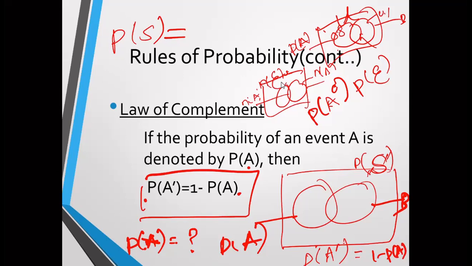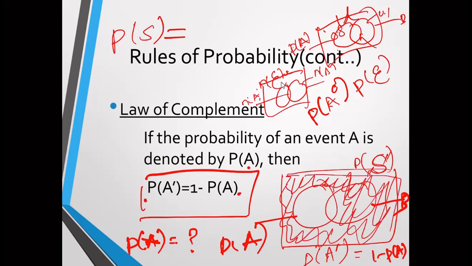How can we find that? I told you A dash is represented by this region, A dash. The elements in the sample space except event A. So what is the probability of that region? That region needs to be divided by the entire region. The entire region means the area of the rectangle.